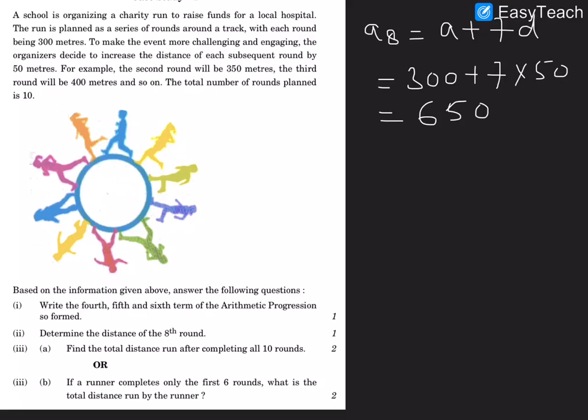Find the total distance, third question. Find the total distance run after completing all 10 rounds. So you have to calculate the total distance. That means you have to calculate S10 for completing all the 10 rounds. So S10 is n by 2 into 2a plus (n minus 1) d.